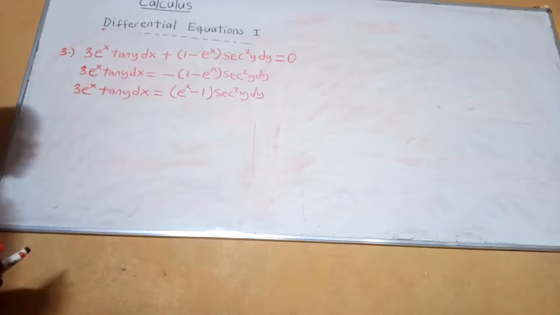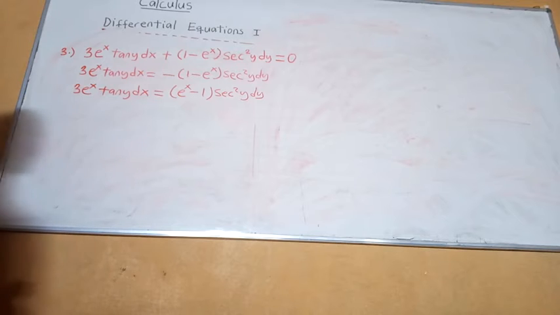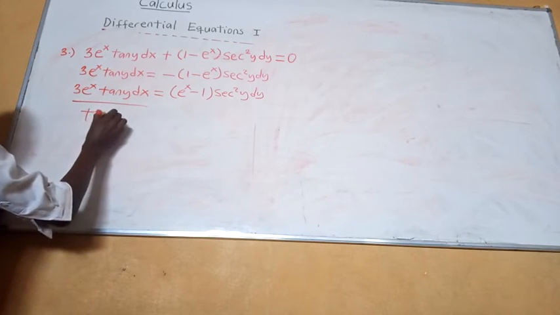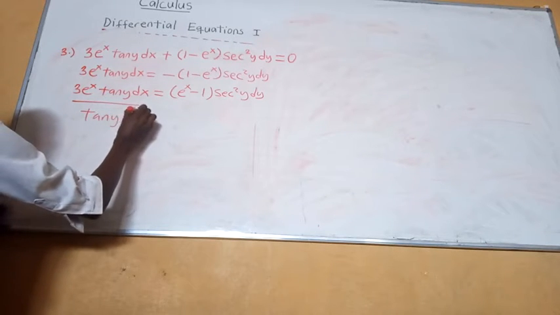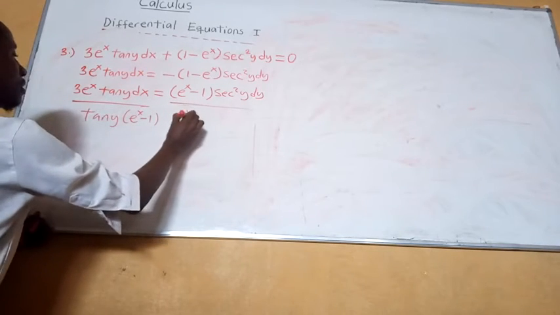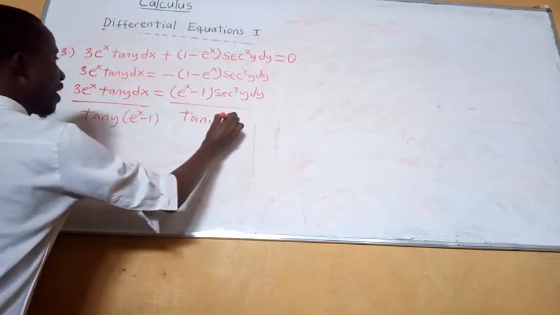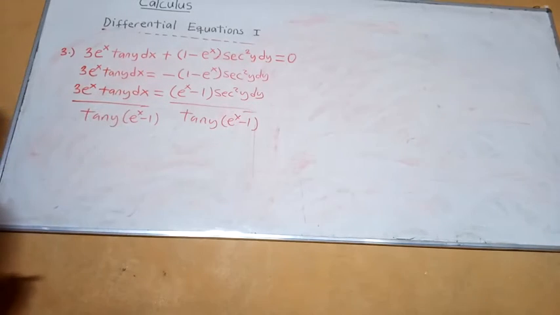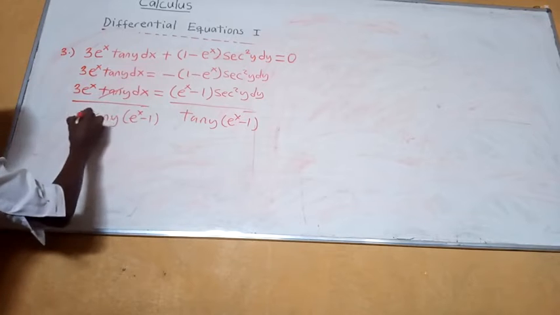So doing the variable separation, we divide both sides by tangent of y and e^x minus 1. Now we can see that tangent of y cancels tangent of y.